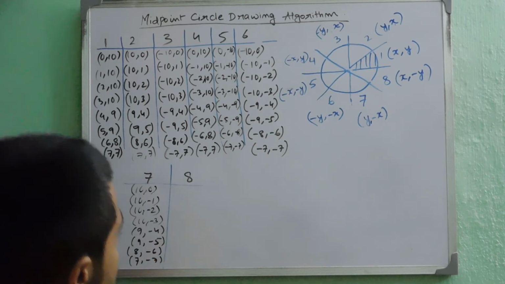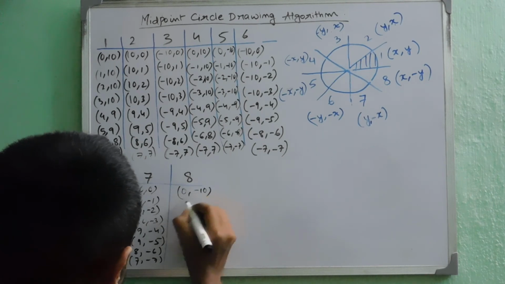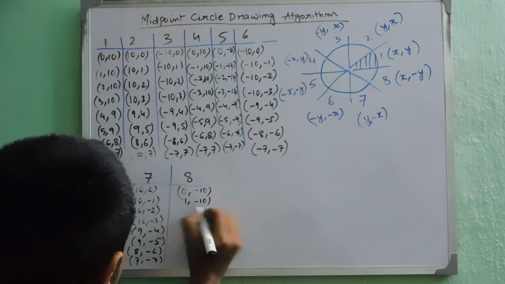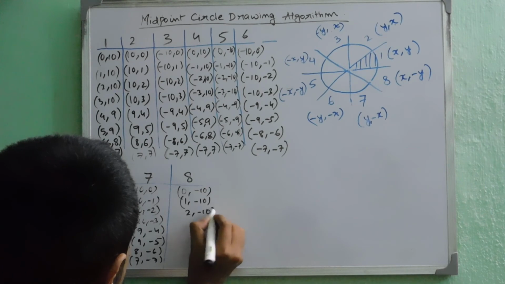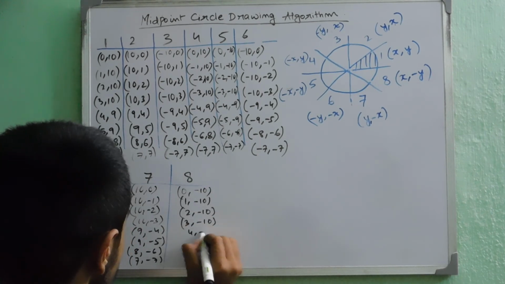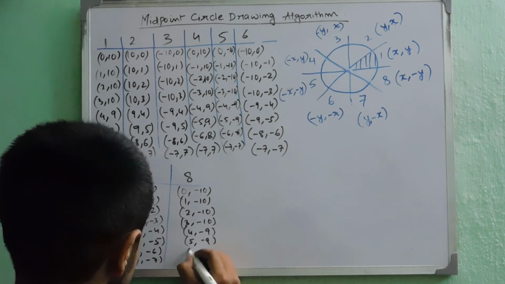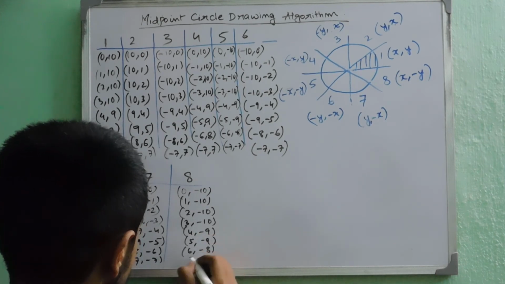And for the 8th octant, that is the last octant, we have 0 comma minus 10, 1 comma minus 10, 2 comma minus 10, 3 comma minus 10, 4 comma minus 9, 5 comma minus 9, 6 comma minus 8, and 7 comma minus 7.